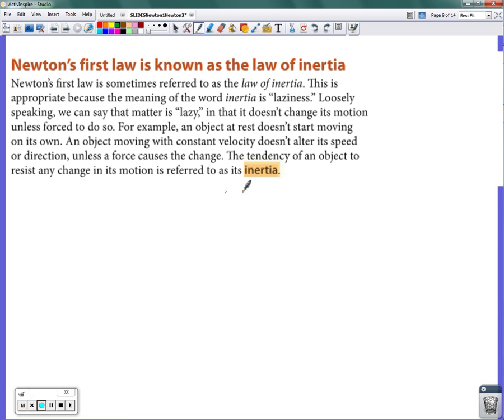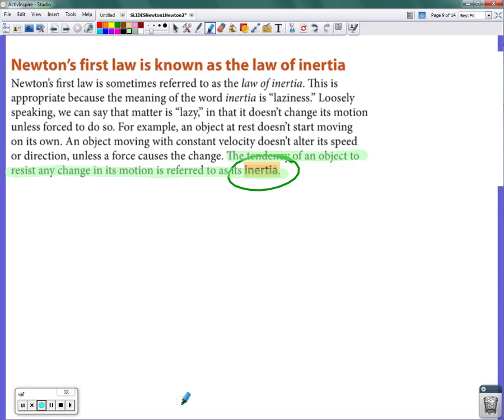All right? You've probably heard that term before, at least I hope you have. And as it says here, it's the tendency of an object to resist any change in its motion. If it's sitting still, it will stay sitting still. If it's already moving, it will continue moving.